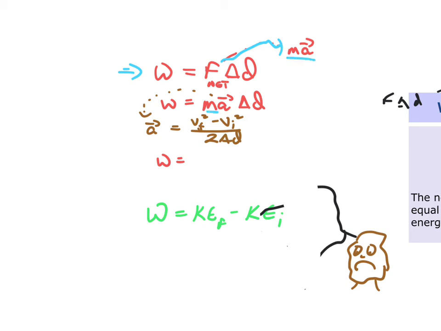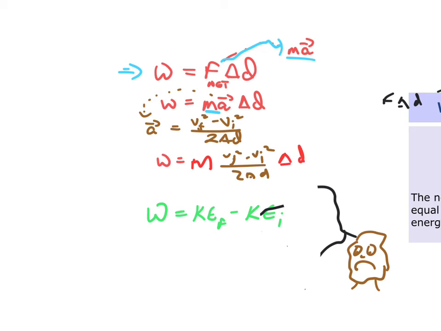So we can substitute that in here, and we can say W is equal to MA delta D. Now we also know from kinematics that A is equal to VF squared minus VI squared over 2 delta D. So we can put that in instead of A.